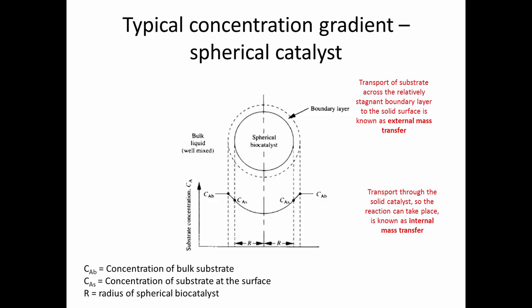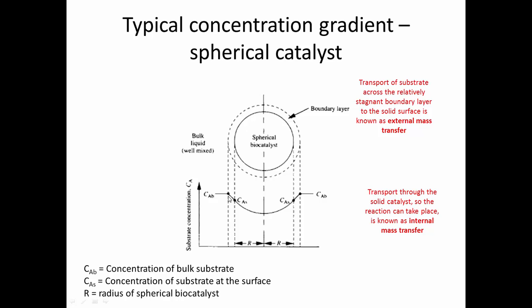You can see this graph here associated with this spherical biocatalyst schematic, where we have first a layer, kind of like our boundary layer when we were thinking about viscosity and mixing. We have a boundary layer of similar status here with the biocatalyst, which is poorly mixed, and there is a bit of mass transfer effects going on here.